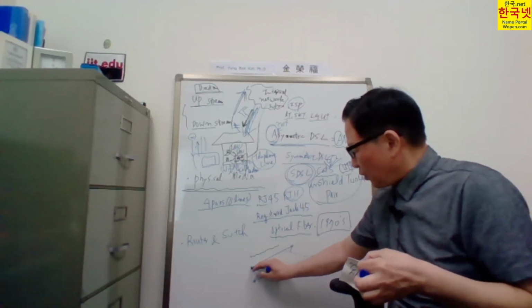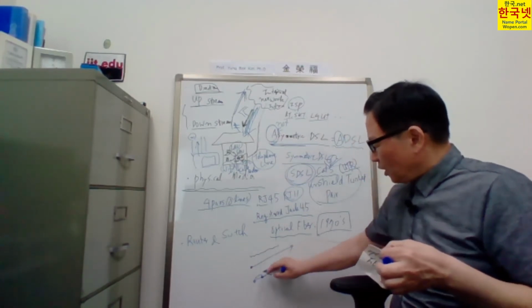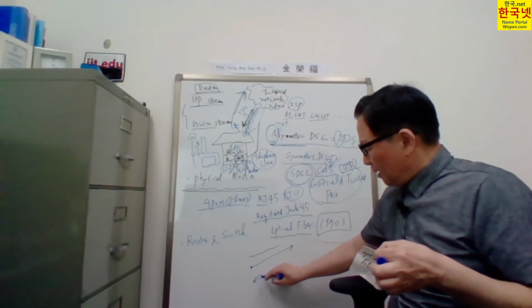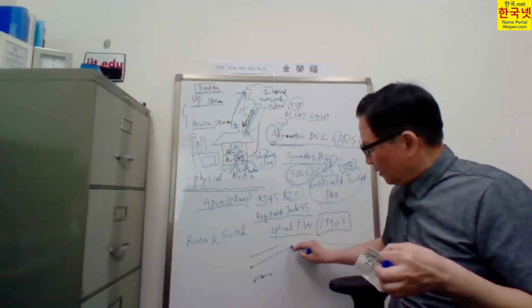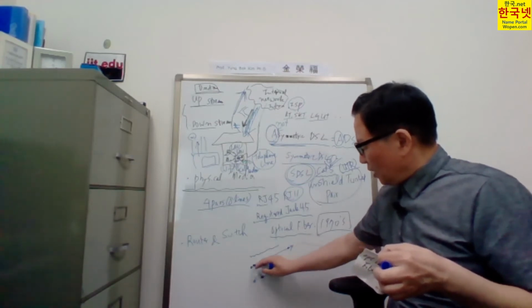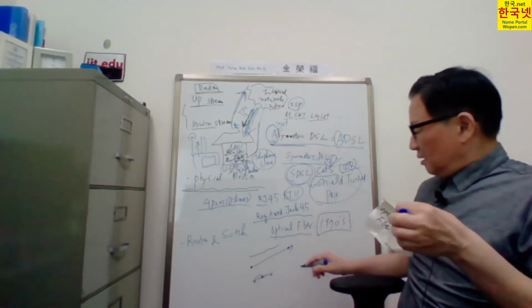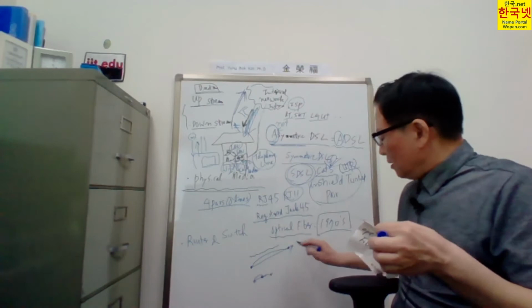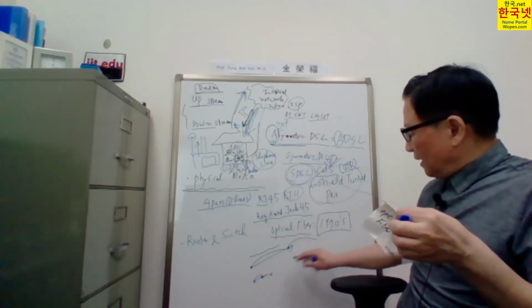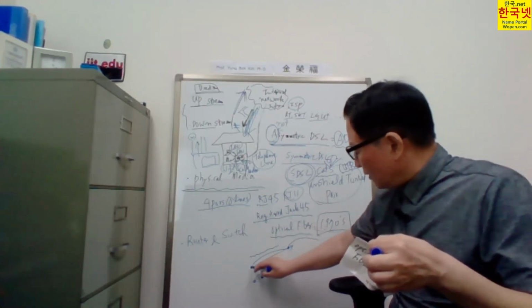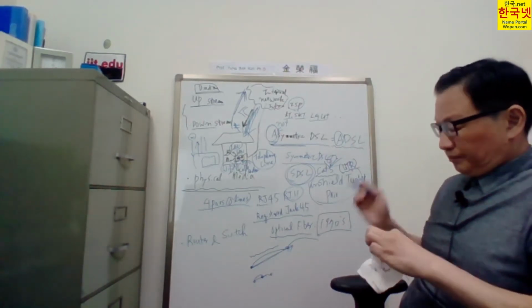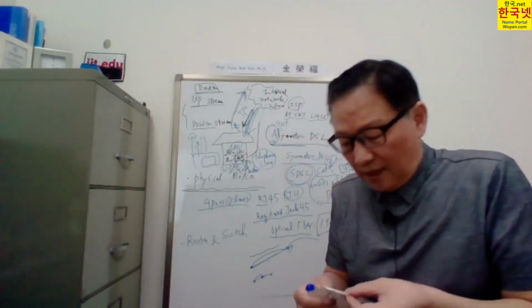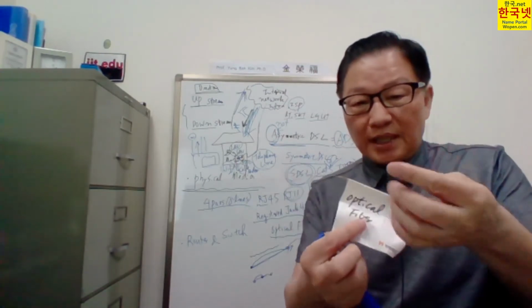But if we are using fiber, then we don't need to use that many repeaters. Instead, we can use fewer, and that means it can transmit further. Okay, those are optical fiber examples.